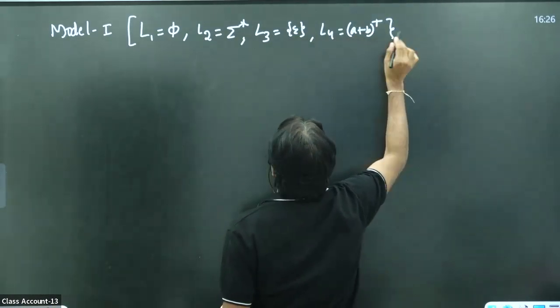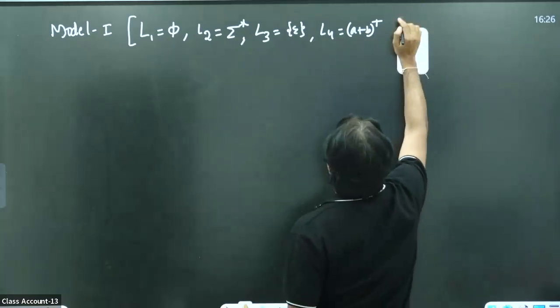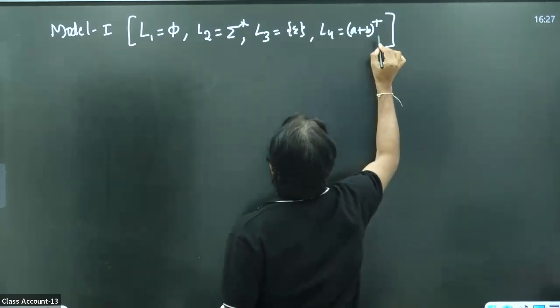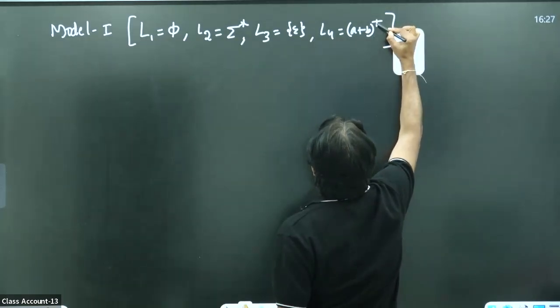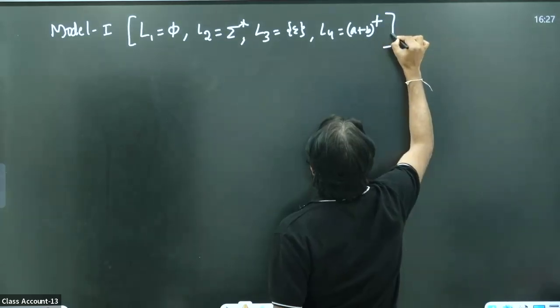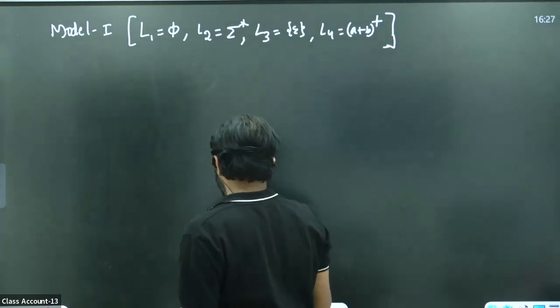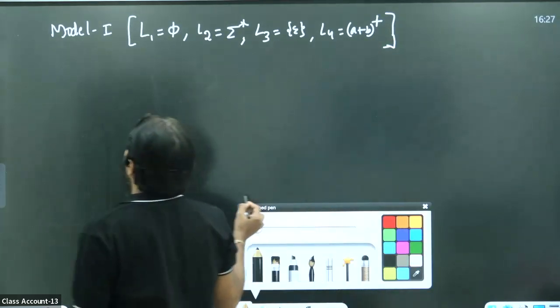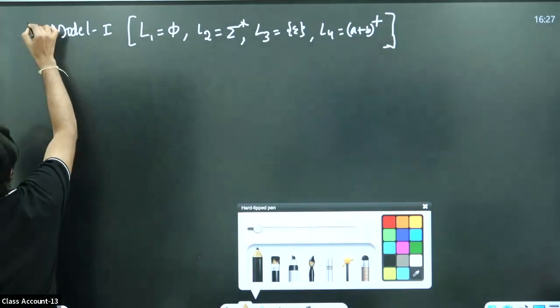If you want any more, you can do that on your own. These are one of the easiest problems to start with. Our target is to construct minimum DFA. What is it?